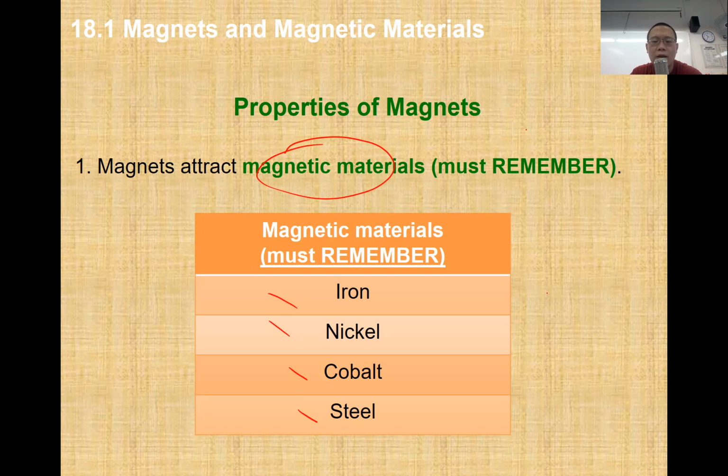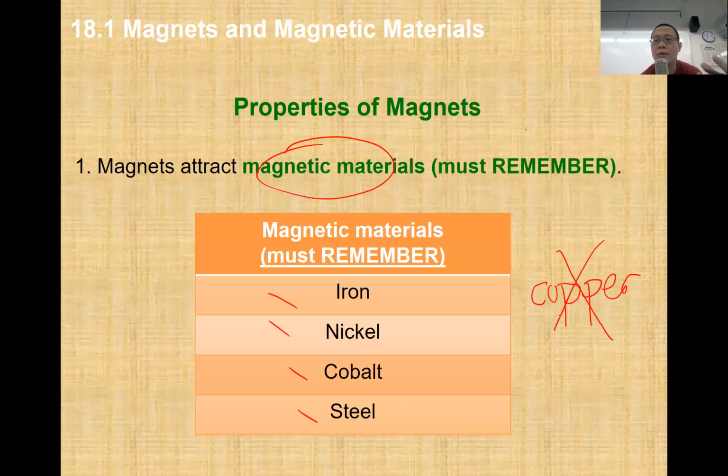You take note among these materials, you'll find that our common material like copper, a good conductor of heat and electricity, the best so far that we use in our daily life, surprisingly, because of its nature, is not part of the magnetic materials. So a common mistake students have is they automatically assume copper, being a good conductor of electricity and a good conductor of heat, is automatically the best material for magnets. So students, you have to take note.